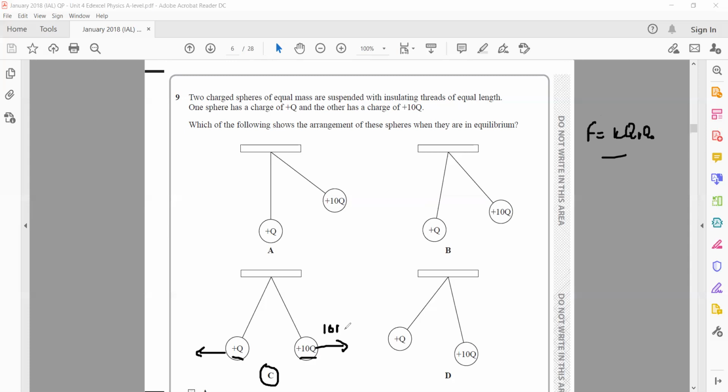So if this is experiencing 10 Newton, this also experiences 10 Newton. And in the question they specify both have the same mass, so they will have the same displacement from the equilibrium position. That's why C is the right answer. Is it clear? You should focus on this word, equal masses.